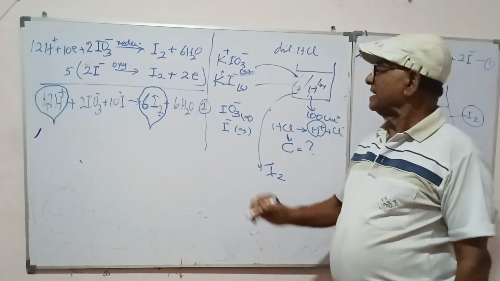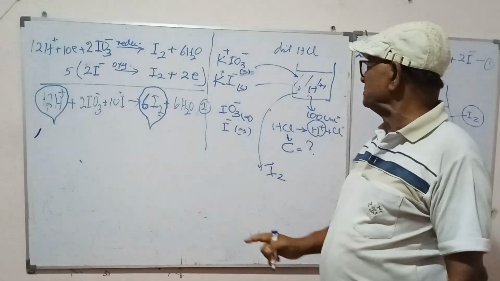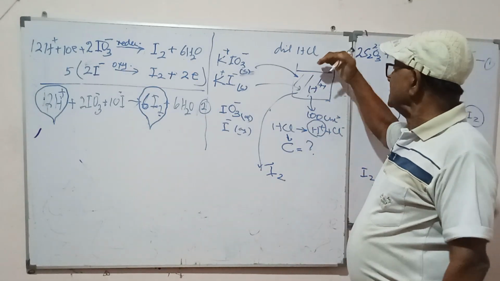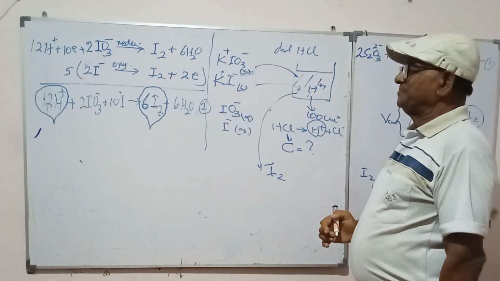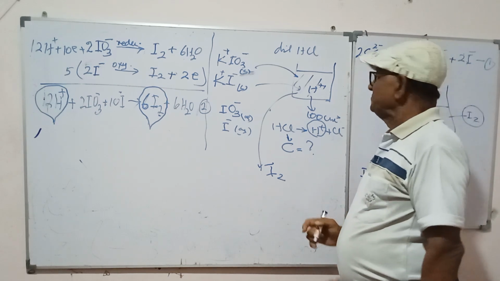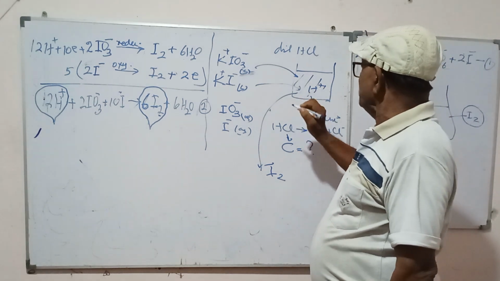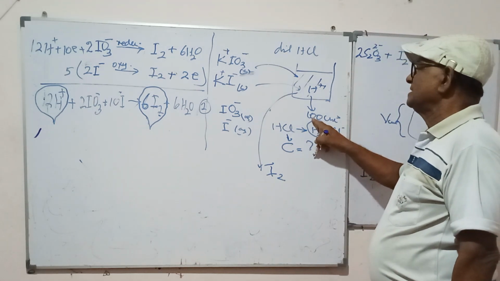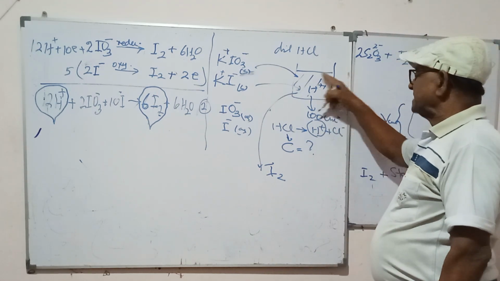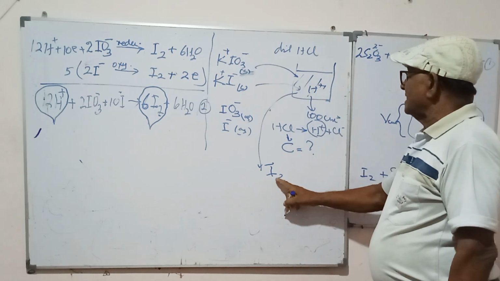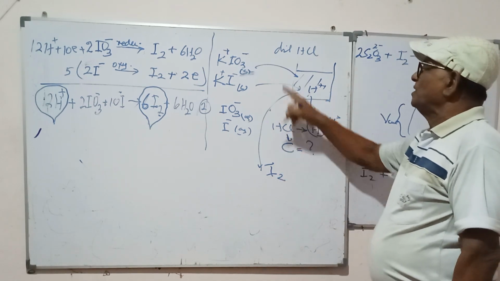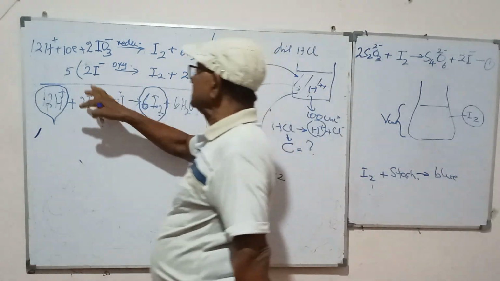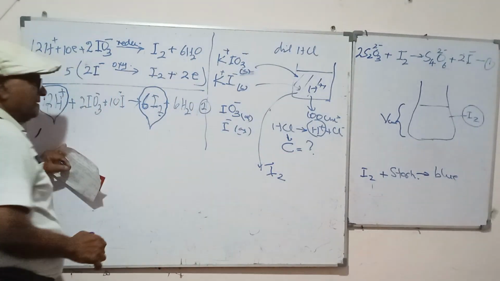Right? It is the required equation, the second equation, that occurred in this solution. Then, if we know the volume, it was given as 100, then it has I2 due to the completion of these two reactions, right?